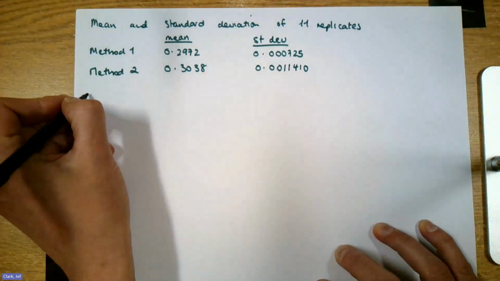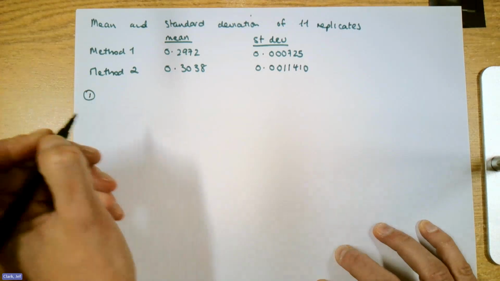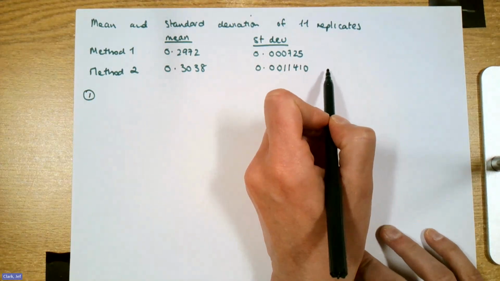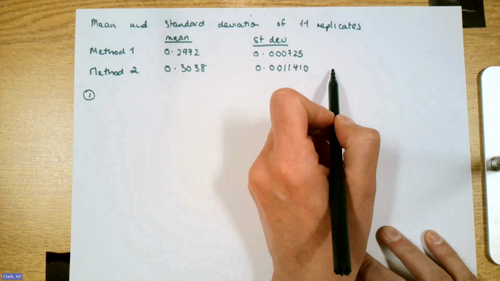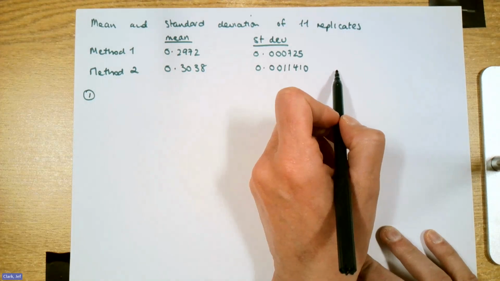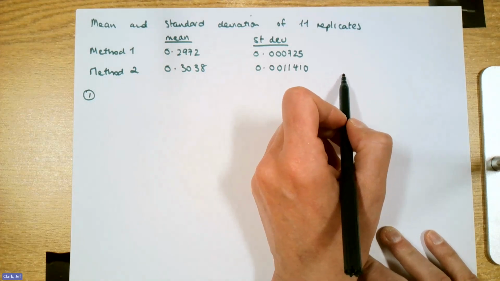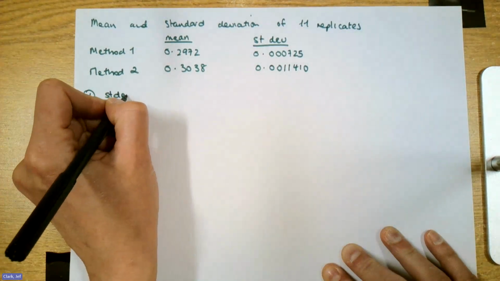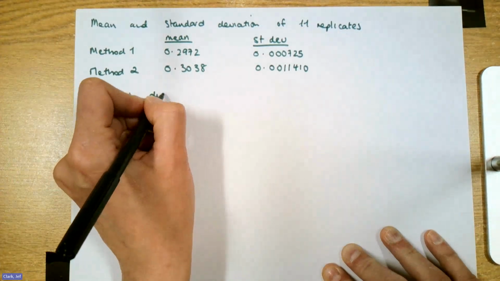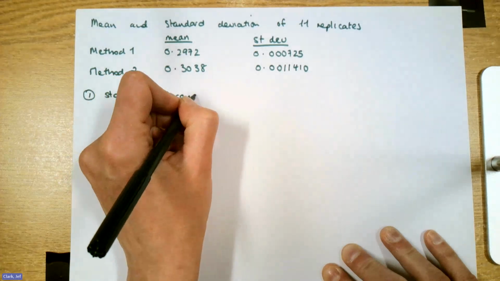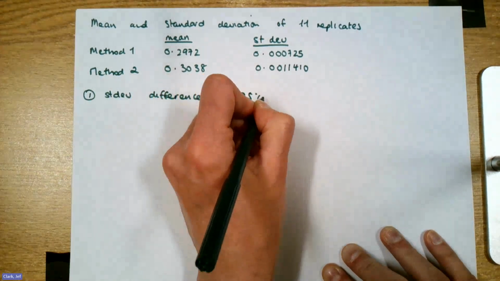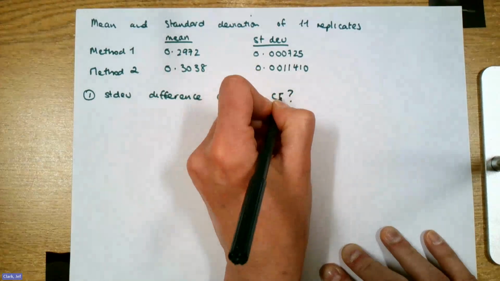So our first question is, is the difference in the standard deviation between these two methods different at a 95% confidence interval? So standard deviation difference at 95% CI.